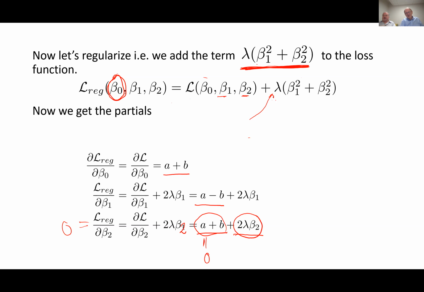If it kept getting larger as your betas get larger, that would mean inside that smaller space there was a minimum. If it's always bigger when you go further away, then the smallest value is somewhere in the middle. So it has to keep getting smaller and smaller.